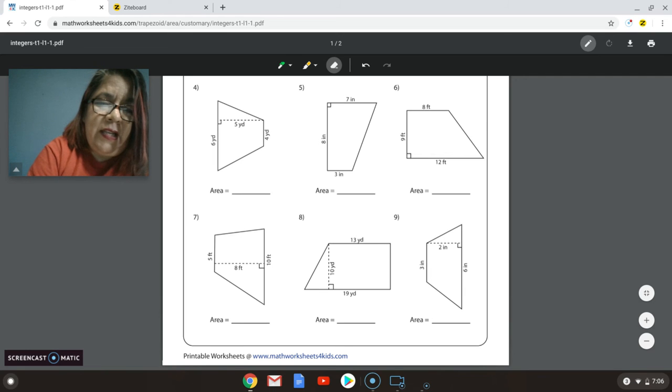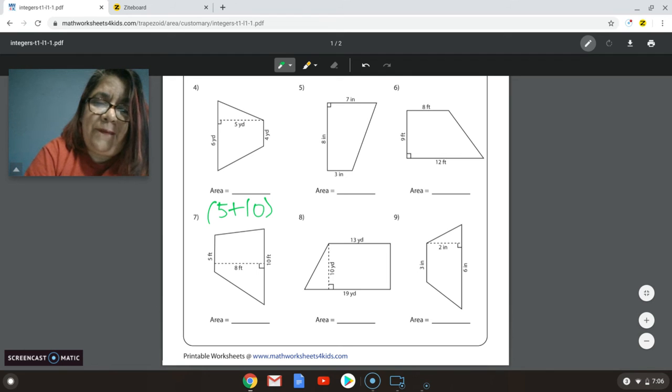Perfect. Now let's substitute in the numbers that we know. Base 1 is 5 plus base 2 is, great. My height is, and then what does my fraction bar mean? And then divide by 2.